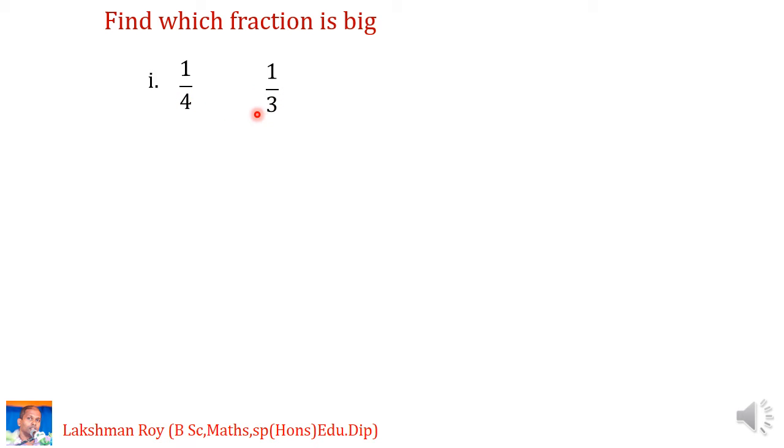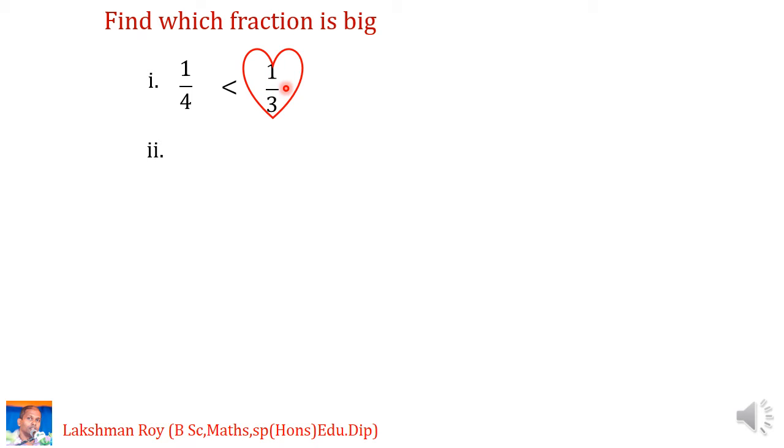Less number of parts divided, that part is big. We consider only one part. Whole one divided into 4 parts, whole one divided into 3 parts. Here the number of parts is less, so this fraction is big. Why? Divided into less number of parts. So you can put the symbol this way. This is the big fraction.